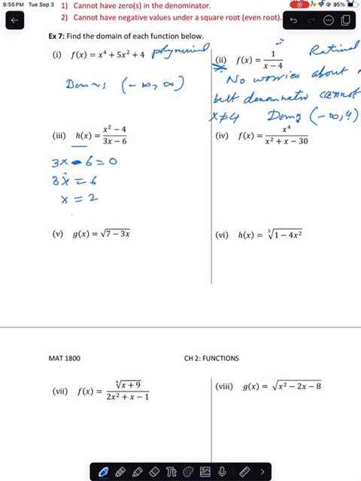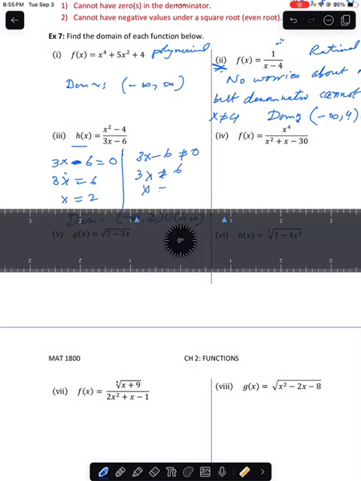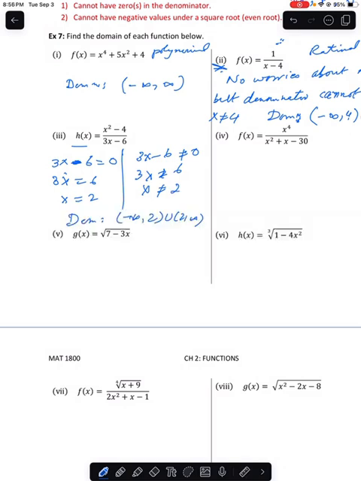The domain will be negative infinity to 2 union 2 to infinity. Now if you want to write it another way, we don't want 3x minus 6 to be 0, so this means 3x is not equal to 6 or x is not equal to 2. And then from there you can say the domain.